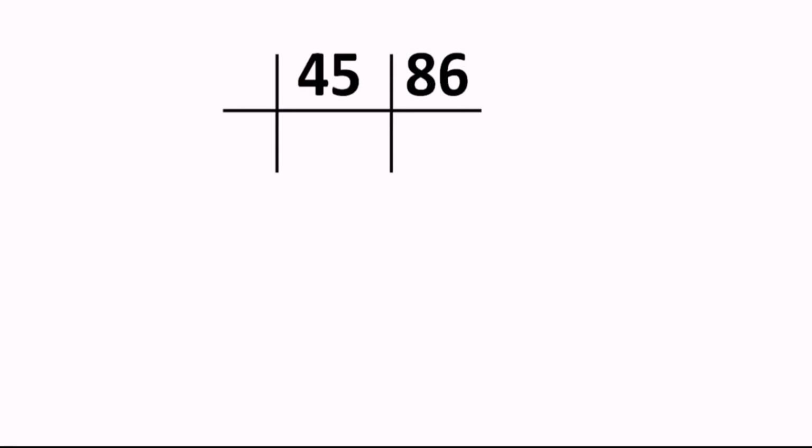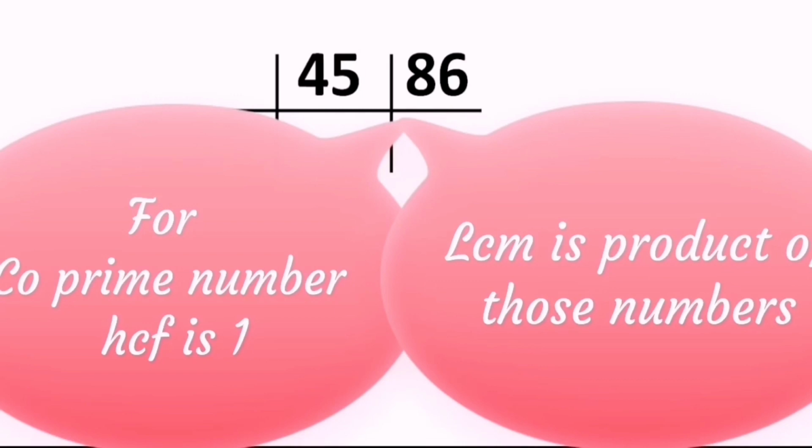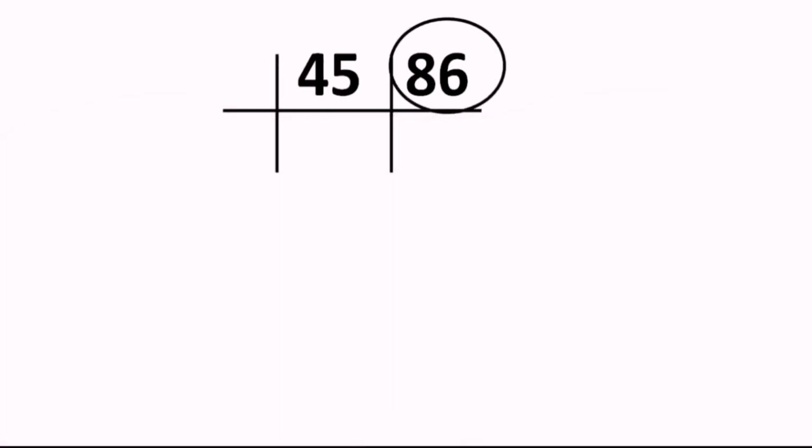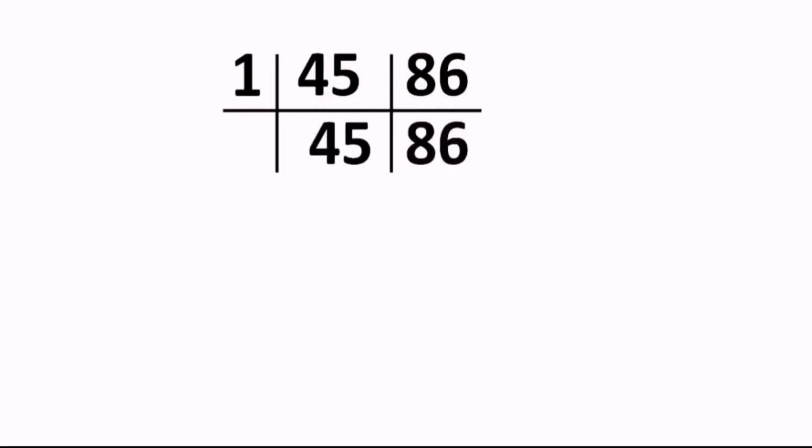I taught you that whenever you come across co-prime numbers, their GCD is always 1. So do you realize that these numbers 45 and 86 are co-prime again? Yes. And so they are not present in the same table except the table of 1, right? 45 and 86, they are co-prime numbers, so they must be divisible by 1, and when you divide by 1, we get the same answer, that is 45 and 86 as it is, right?